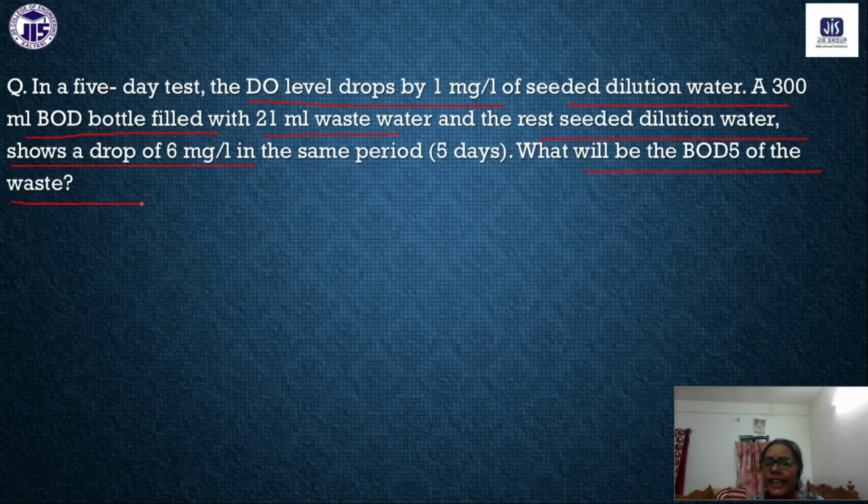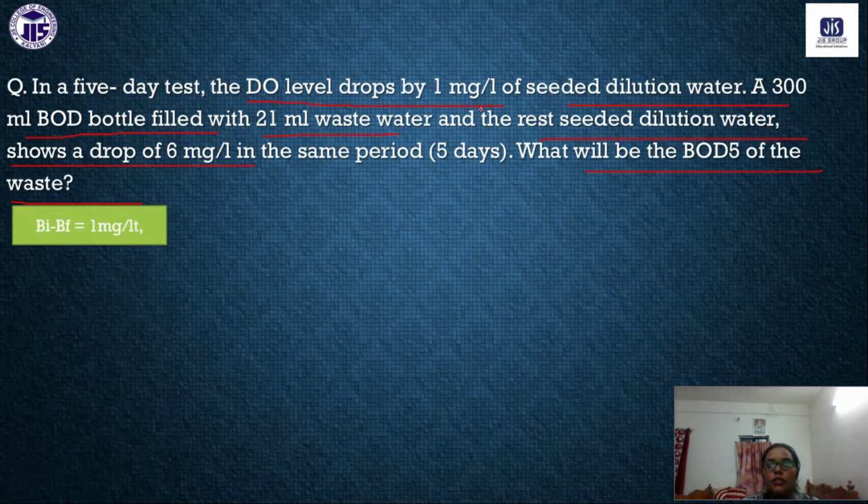Here you can see no initial or final values are given, only the drop of dissolved oxygen. That means they have already done initial minus final, and that value is given.